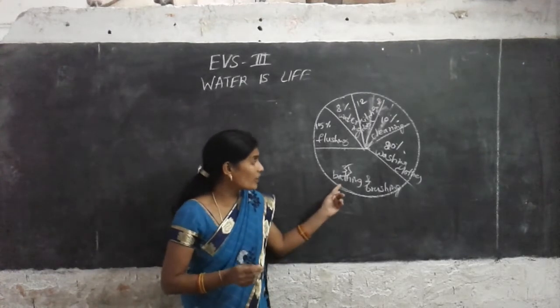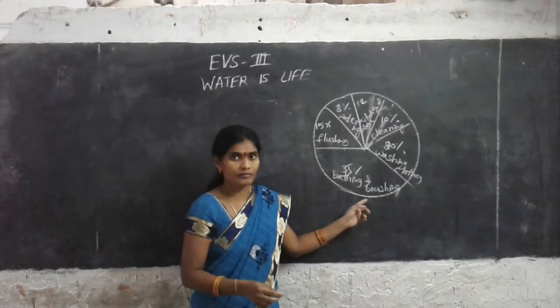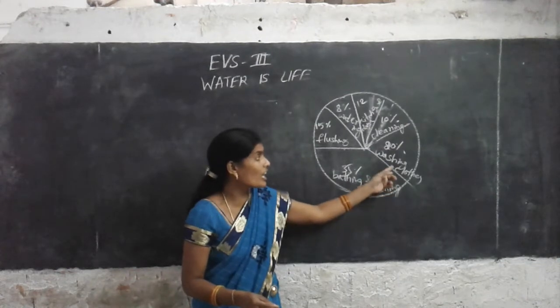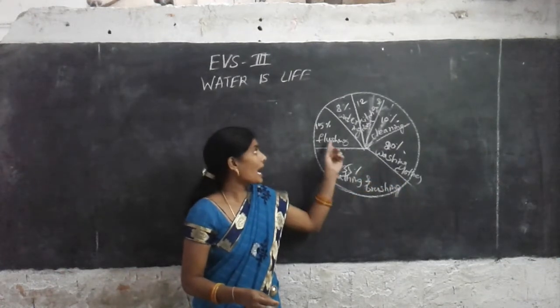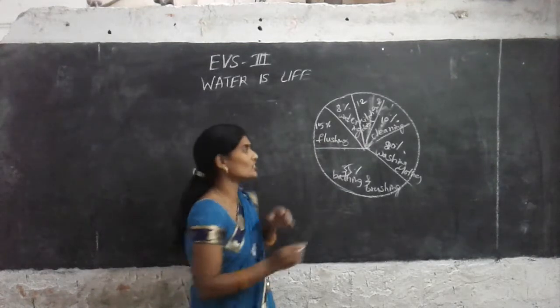Here 35% of water is used for bathing and brushing. And 20% of water is used for washing clothes. And 15% of water is used for flushing toilets.